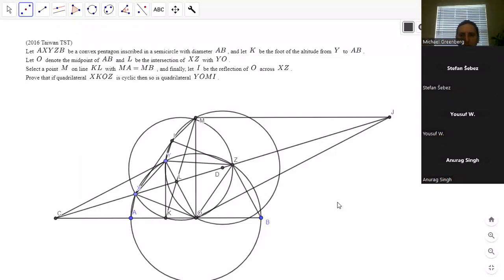We know the midpoint of CJ is going to be equidistant from M and O. Also, it is obvious that the center of that circle is on XZ.